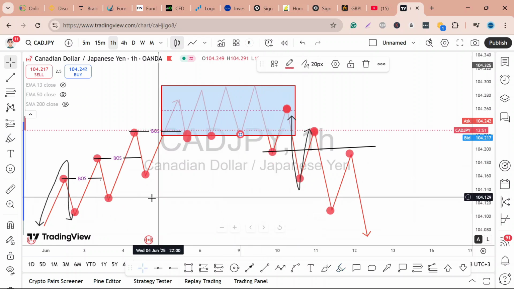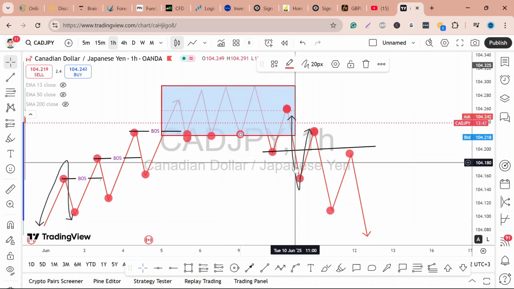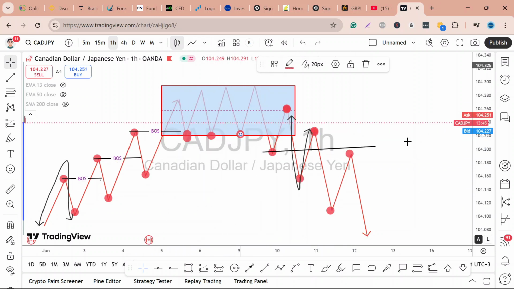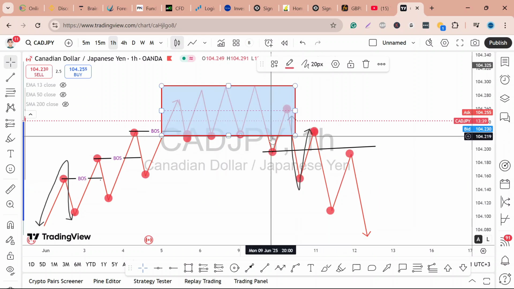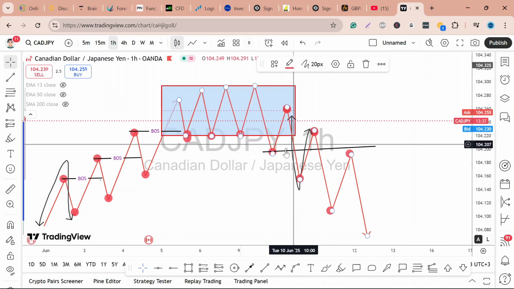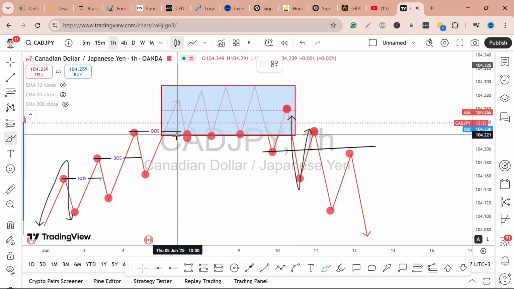For me, it is just a classical price action understanding of the market structure. I call it a change of market direction, but the SMC and ICT guys will call it the change of character. That is when the market breaks the last lower high.